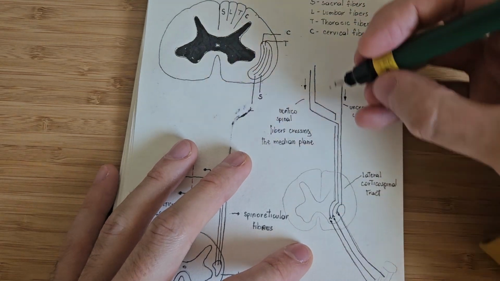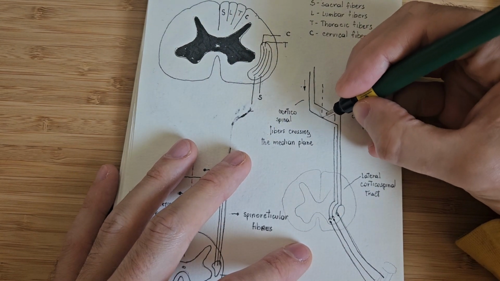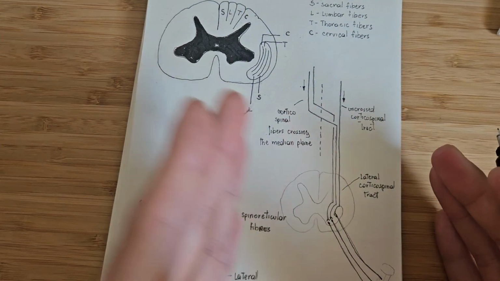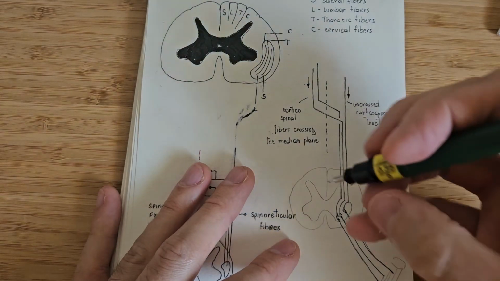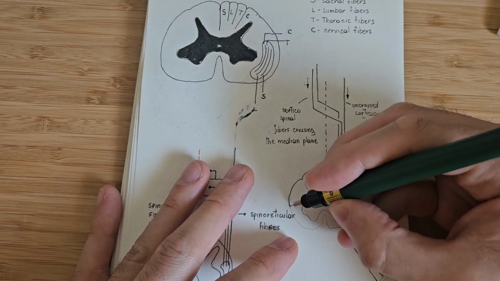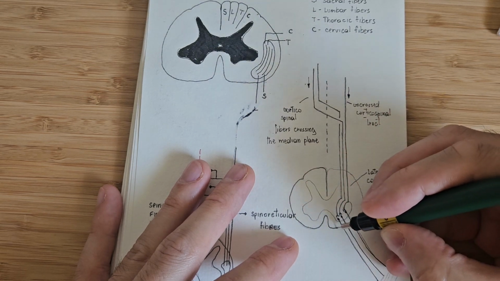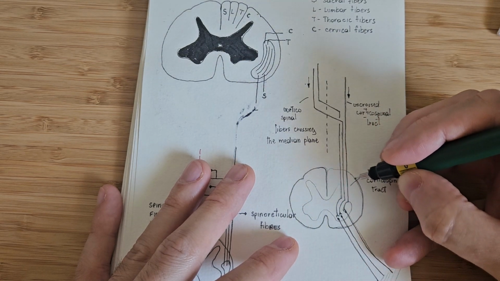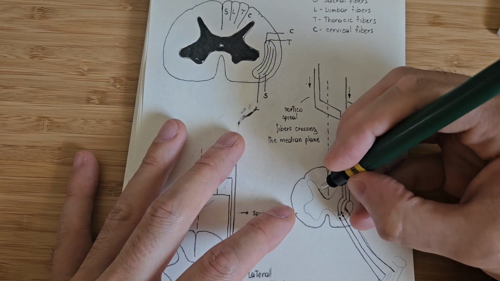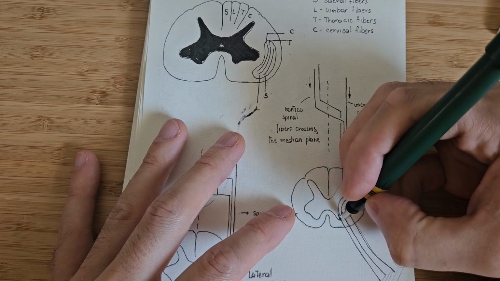And what I'm going to do is make this midline just to represent that these fibers are crossing contralateral. And here we have the spinal cord, a transverse image of the spinal cord.